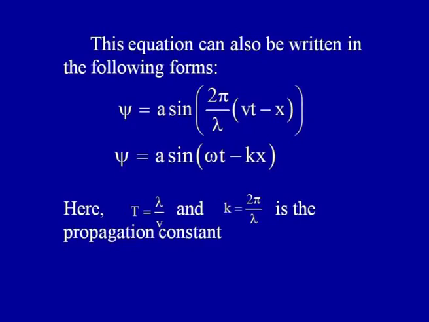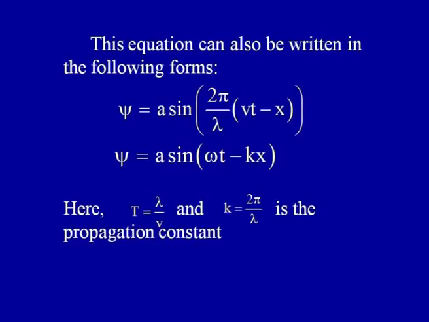Another thing, the intensity of the wave is proportional to the square of the amplitude A. There are some other factors, but let us not bother about them at this stage. Intensity is proportional to the square of the amplitude A. This equation can also be written in the following form: psi equal to A sine 2 pi by lambda times v t minus x, just a question of changing the variables, or psi equal to A sine omega t minus k x.